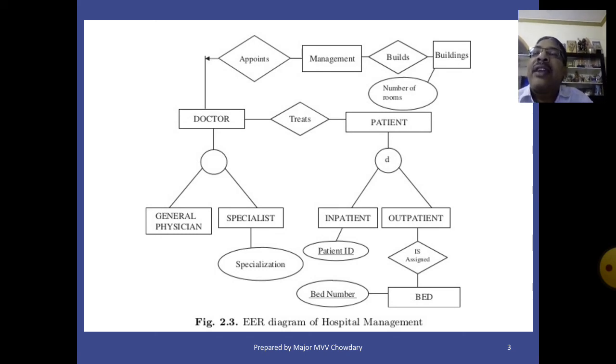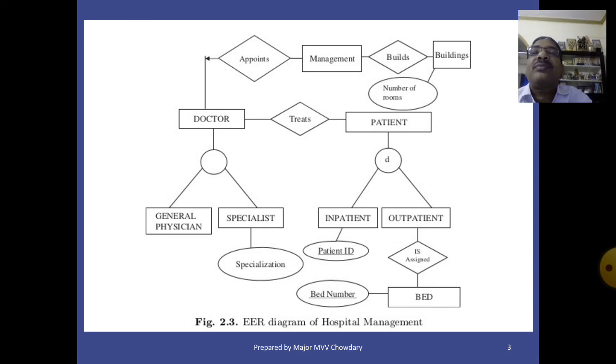Either a doctor is a general physician or a specialist. A patient may be an inpatient or outpatient. Bed is assigned to outpatient.